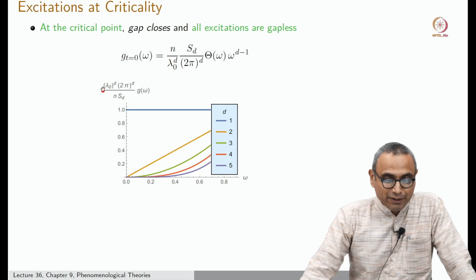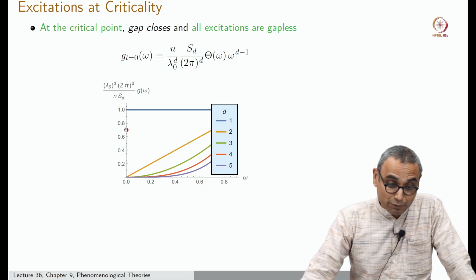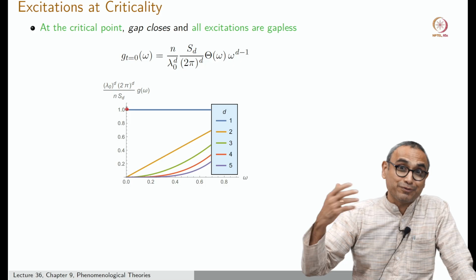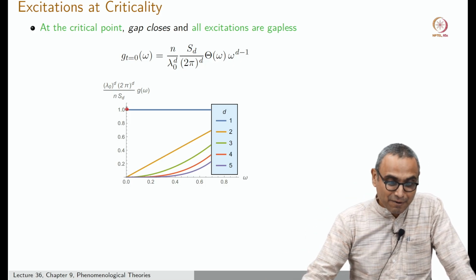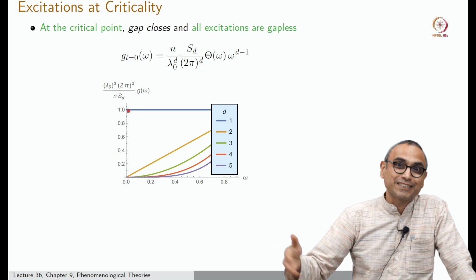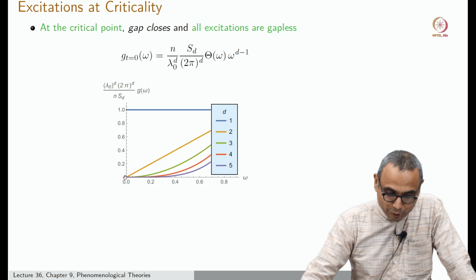Now if you plot this quantity as a function of omega, when I am in, let us say, d equal to 1, then there is a finite large number of states at 0 energy itself, right? Very close to 0 energy, there are lots of states. When I come to d equal to 2, this goes linearly, so there are states at low energy, and when I come to d equal to 3, there are somewhat less.